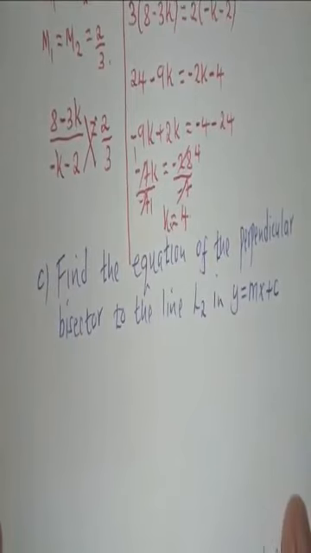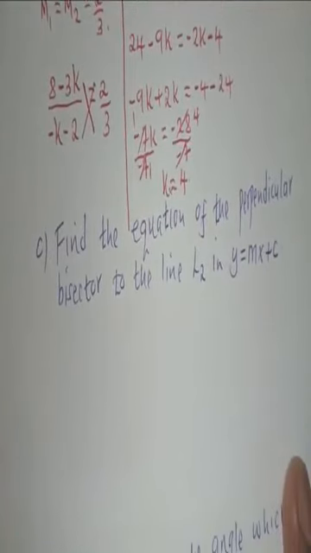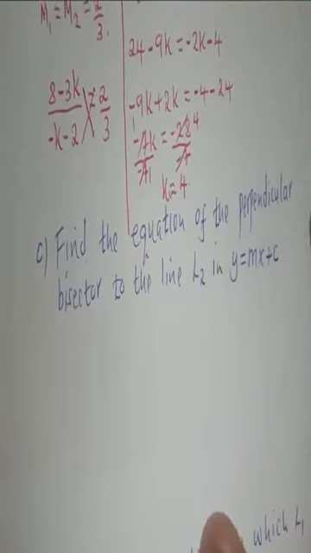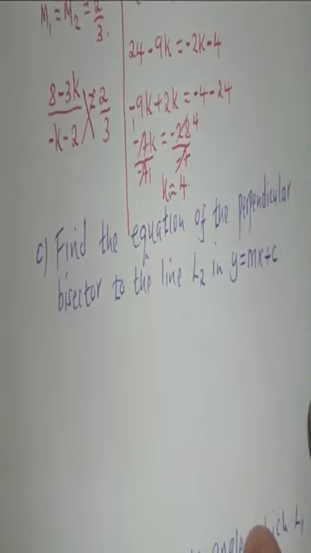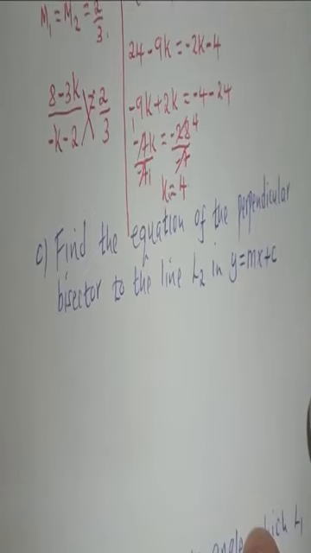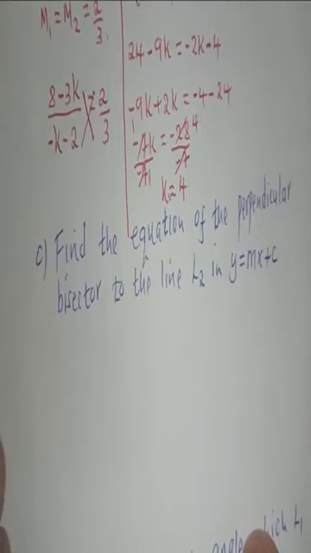So to question C, find the equation of the perpendicular bisector to the line L2 in the form y equals mx plus c. So we have the line which is a perpendicular bisector to L2.